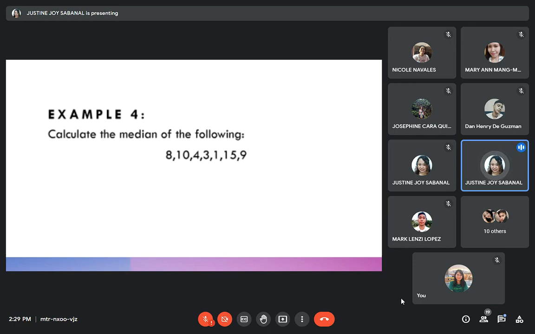With this arrangement, it is not yet appropriate to take the median, because it is a positional measurement. You must first arrange the information according to magnitude. So we arrange it from lowest to highest: 1, 3, 4, 8, 9, 10, and 15.